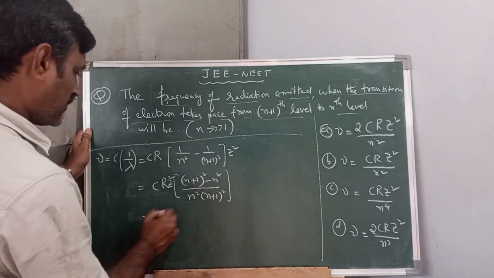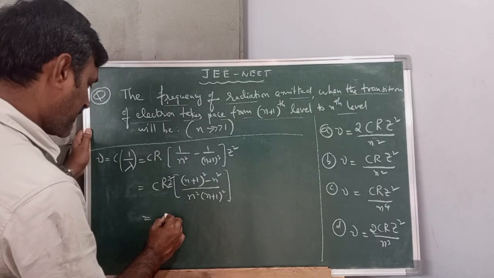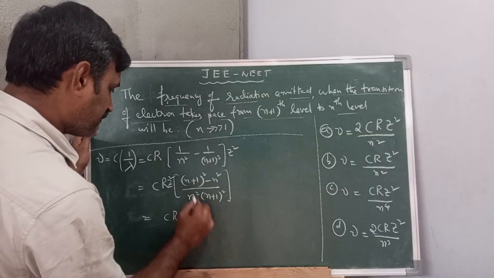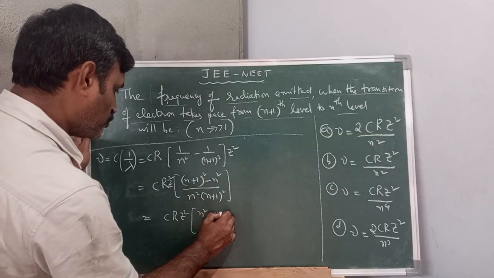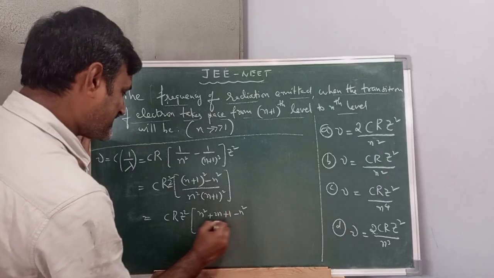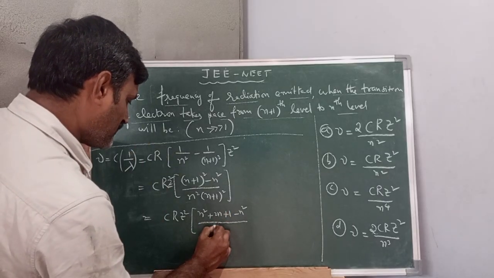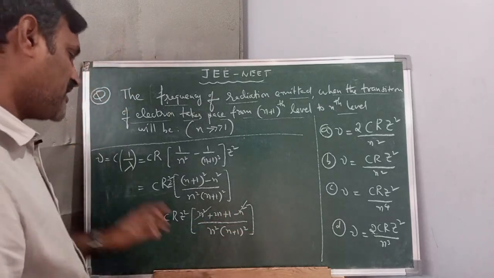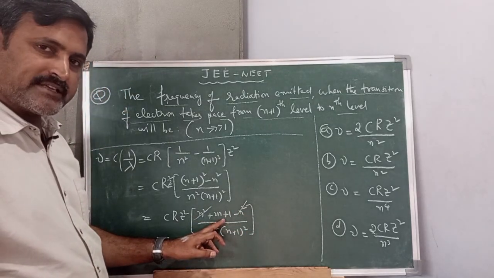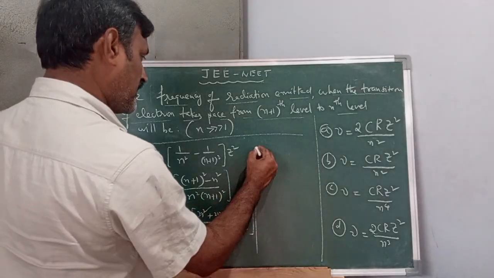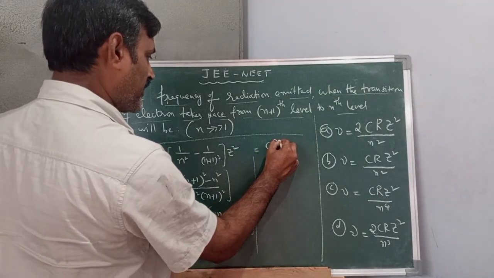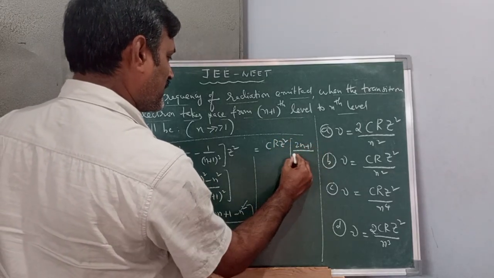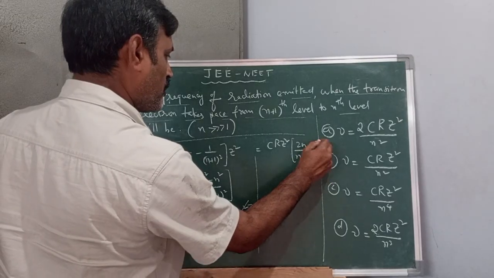Now open up n plus 1 whole square: it becomes CR Z square into (n square plus 2n plus 1 minus n square) divided by n square into n plus 1 whole square. Here n square gets cancelled. The rest in the numerator is 2n plus 1. So we write this as CR Z square into 2n plus 1 divided by n square into n plus 1 whole square.